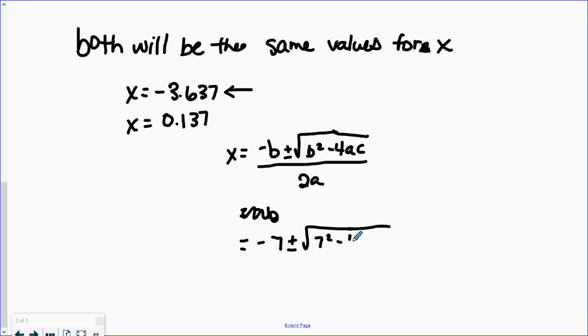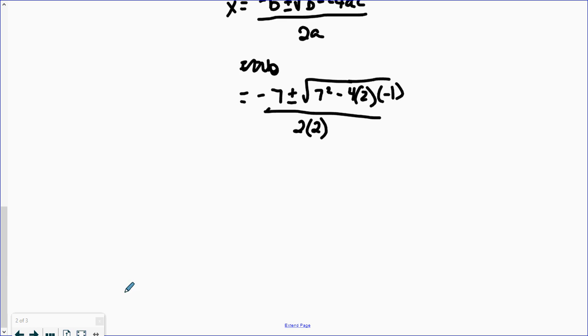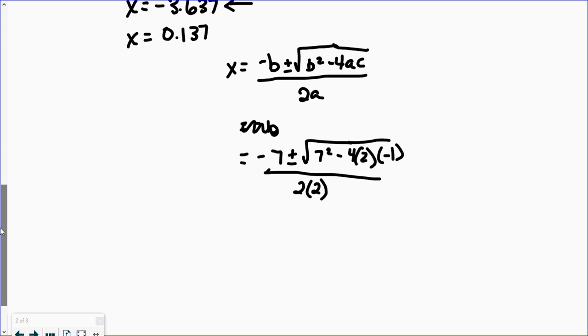4 times a times c. So a is 2 and c is negative 1, divided by 2 times a, which was 2 again. I just want to compare this to the answer that you had, Michael. So negative 7 plus or minus the square root of, 7 squared is 49.